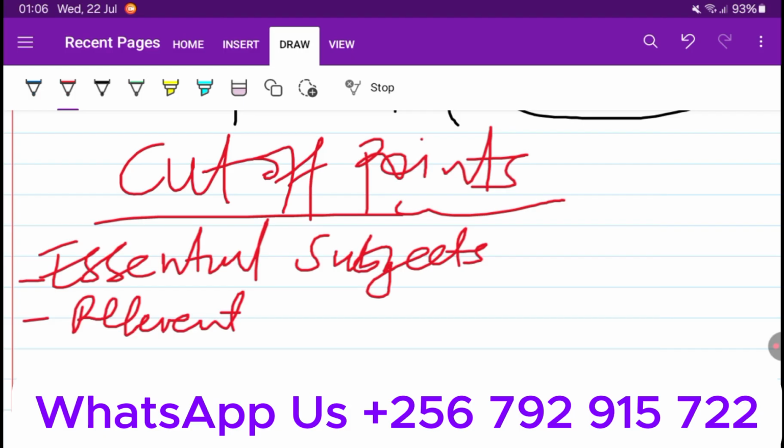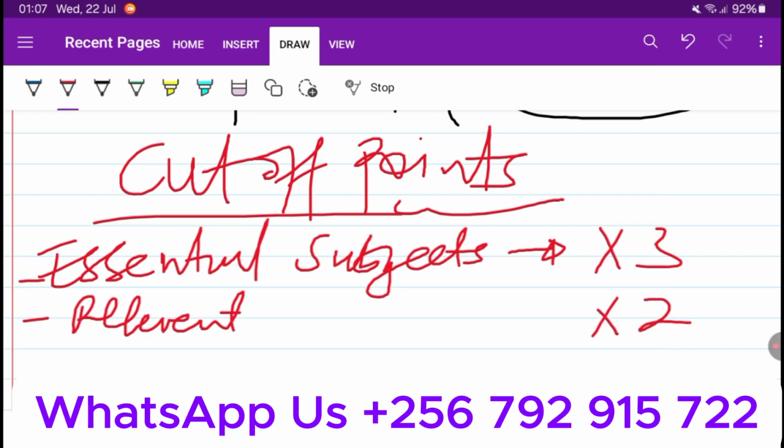Most of the time, the essential always carries higher points, because for this one they always multiply by 3, and this one they multiply by 2, and the others they multiply by 1.